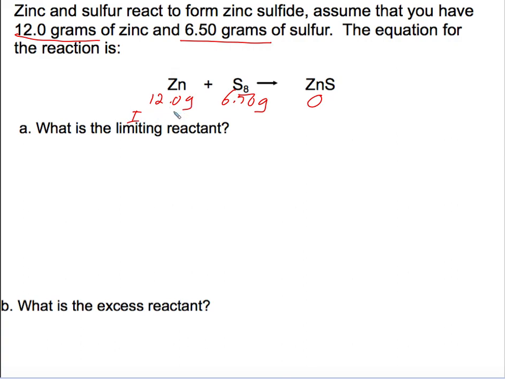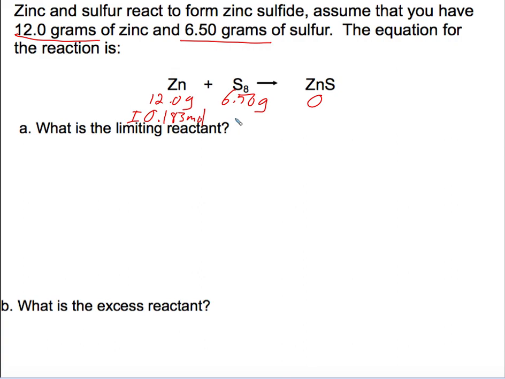So 12.0 grams of zinc divided by the molar mass, which is 65.4, is going to give me 0.183 moles of zinc. Sulfur, S8. So 6.50 divided by the molar mass of S8, which is 256.56 grams per mole.